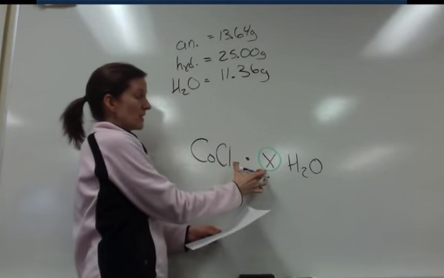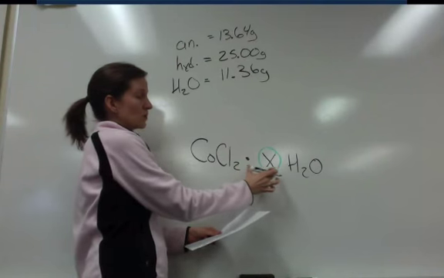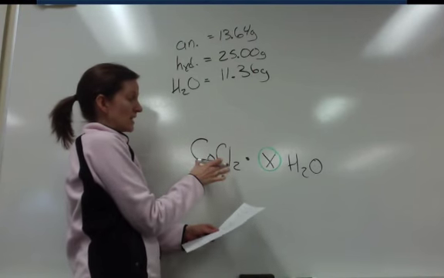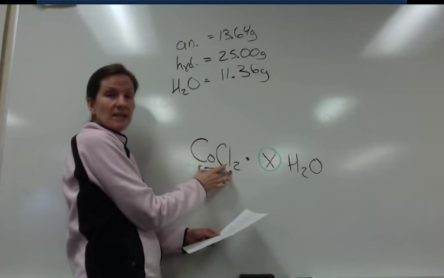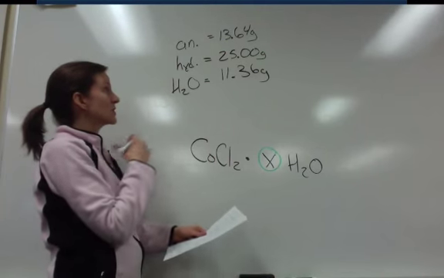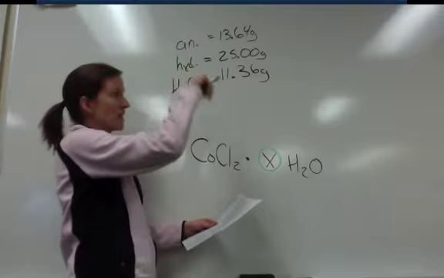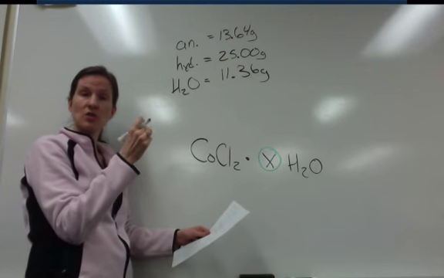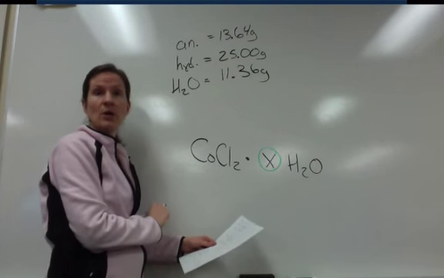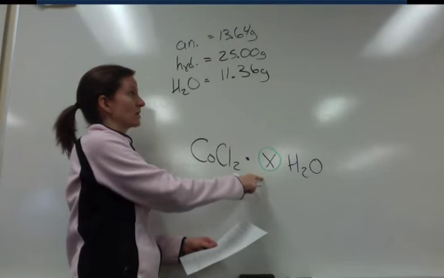Now again, this is a mole ratio between water and basically the anhydrate. So what I'm going to do is take my water amount, make it mole, my anhydrate amount, make it mole, and then compare those two and figure out what my mole ratio is, and that should give me my number.